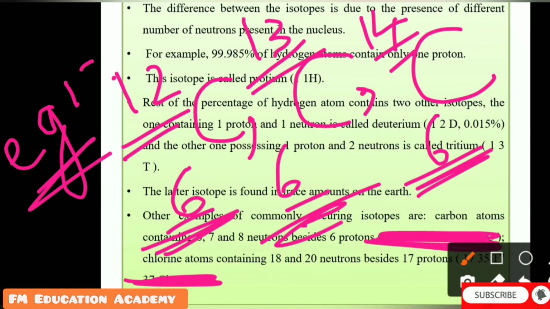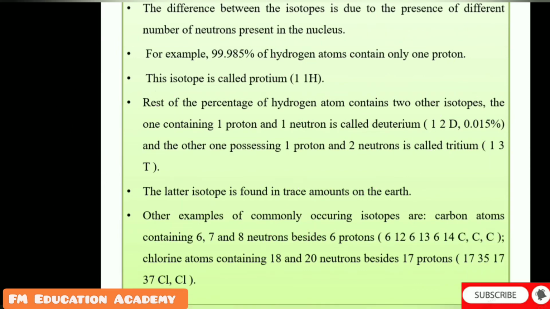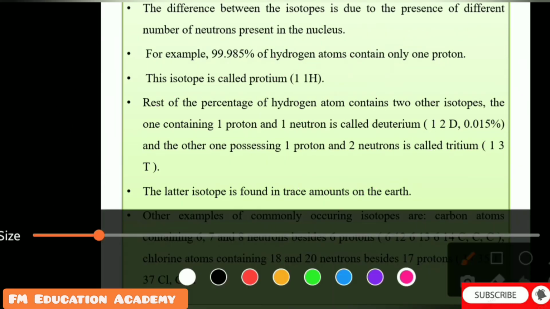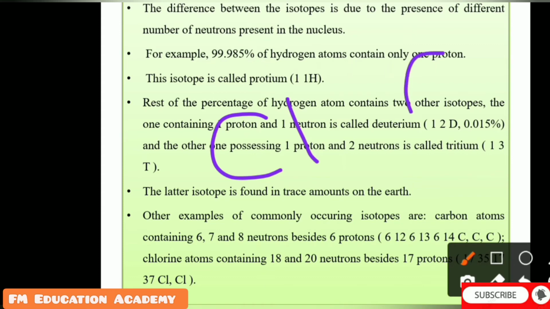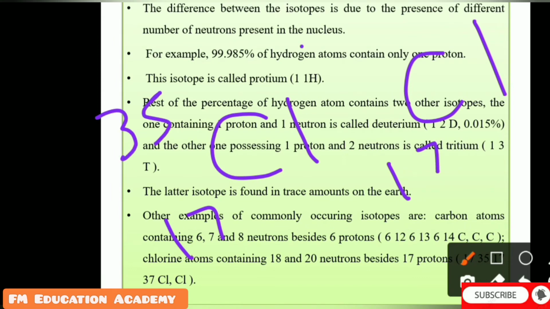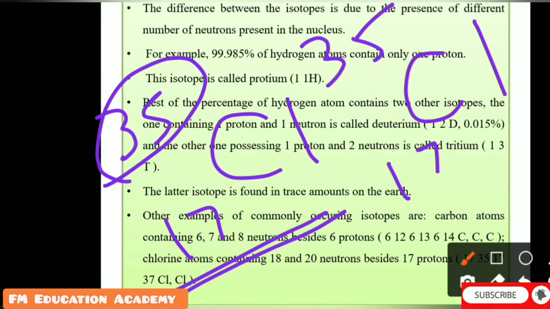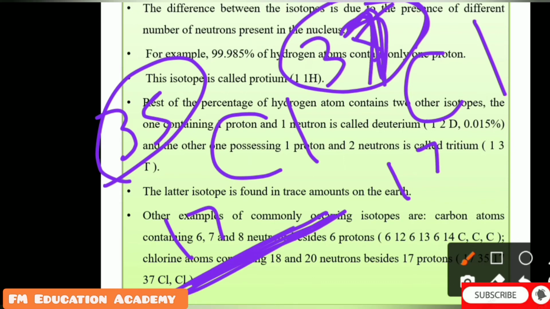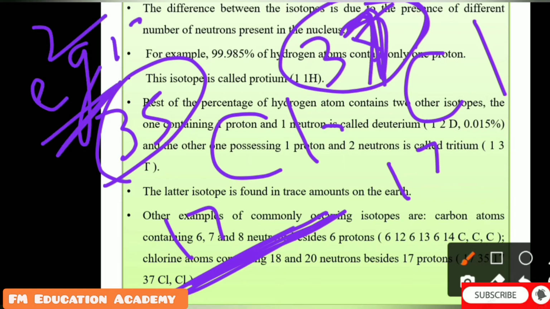I'll give you one more example of an isotope. We can take chlorine. The atomic number of chlorine is 17. Chlorine can have one isotope with mass number 35 and another isotope with mass number 37. So the second example of isotopes is chlorine 17-35 and chlorine 17-37.